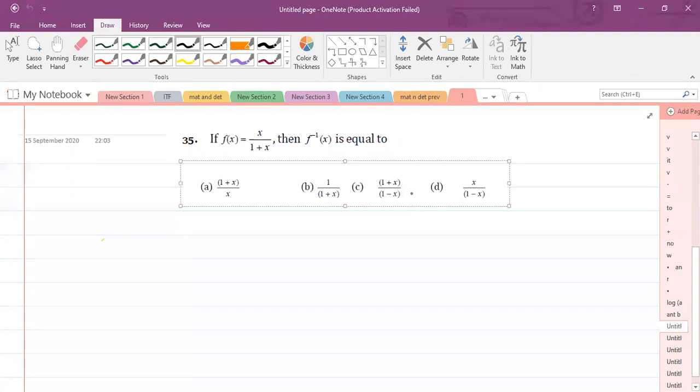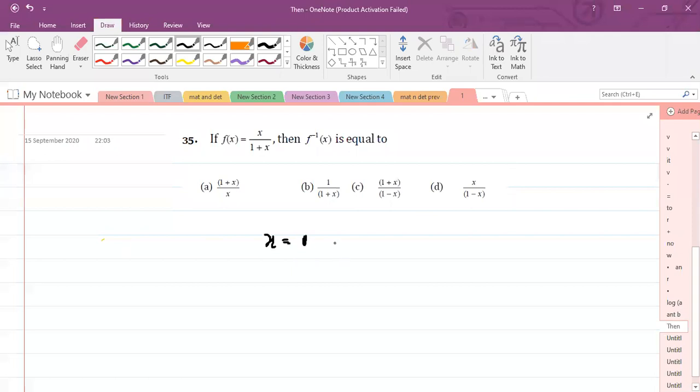Already I have used that shortcut in one of the earlier problems, the e raised to x plus e raised to minus x problem. Here also, let me substitute x equals 1. Some students are answering D. Yes, it's correct, D. Let me substitute x equals 1 and see what happens.